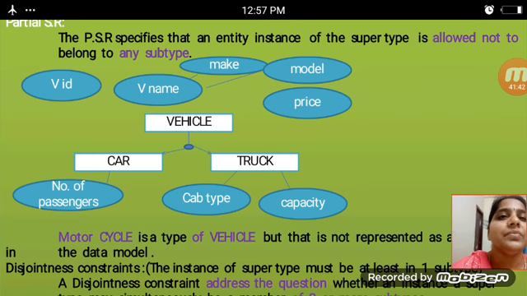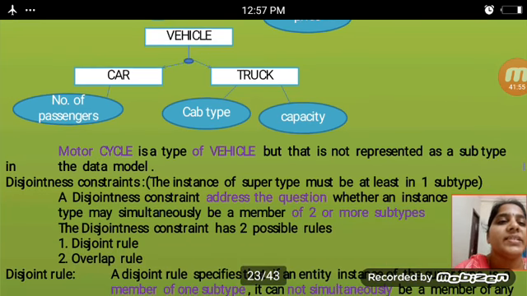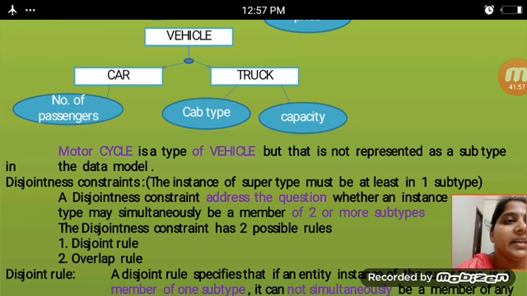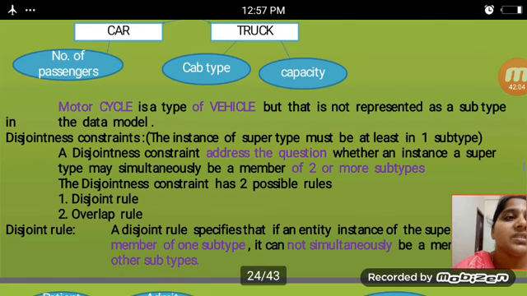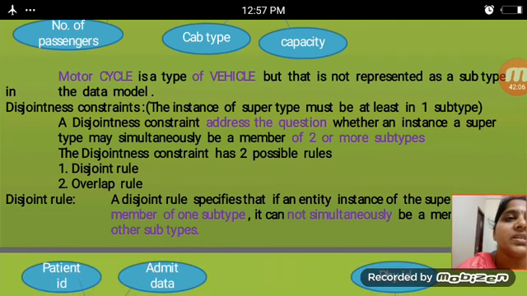Partial specifies that an entity instance of a supertype is allowed not to belong to any subtype. For example, a motorcycle is a type of vehicle, but it is not represented as a subtype in that model.